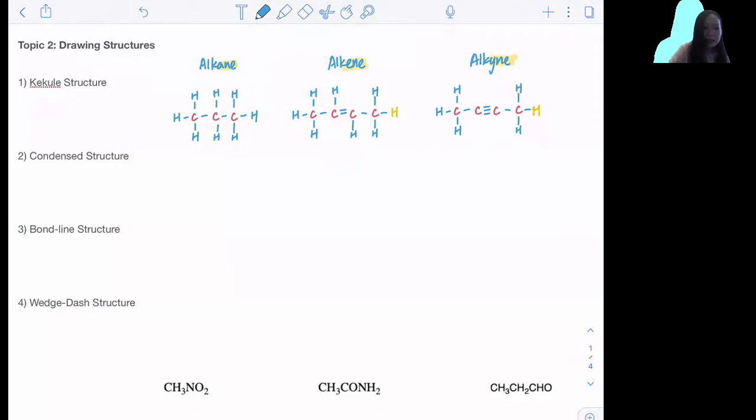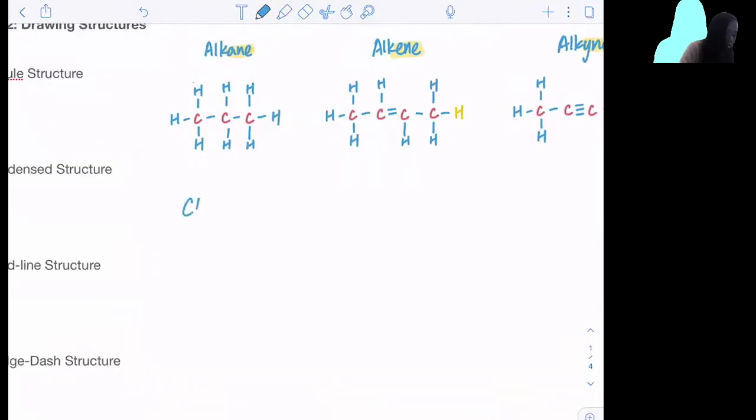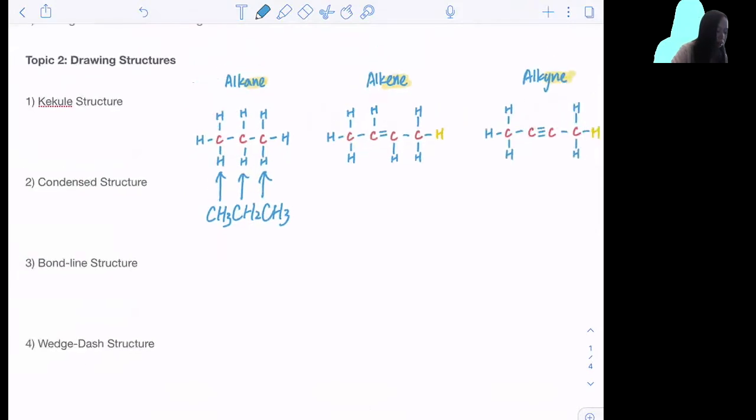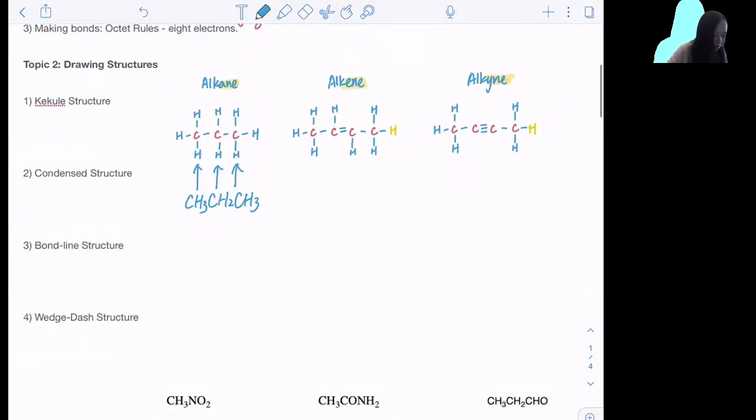Although it might not be exactly the same in reality, you should be able to condense them: this CH3 corresponds to this part, this part is CH2, and this part is CH3. You should be able to condense them into the most simplified way, which is also the practice.